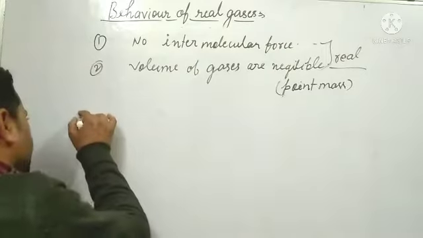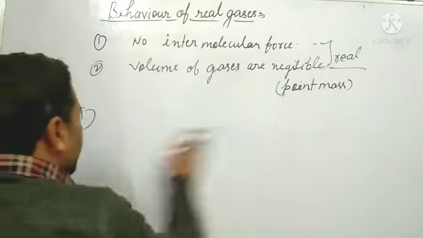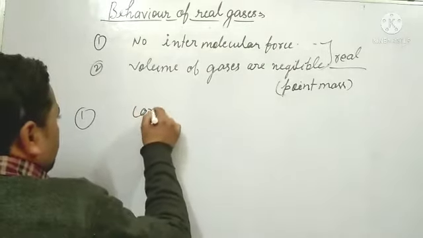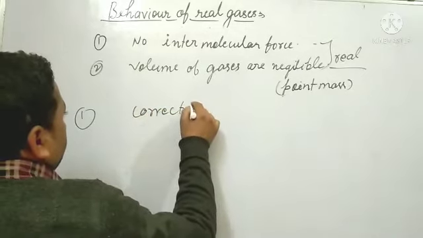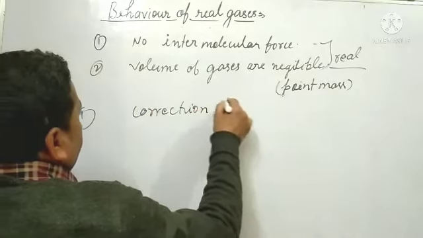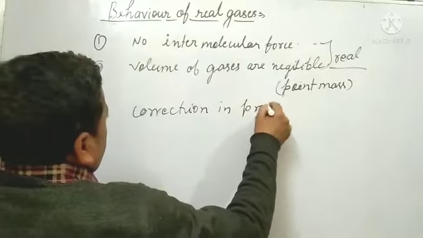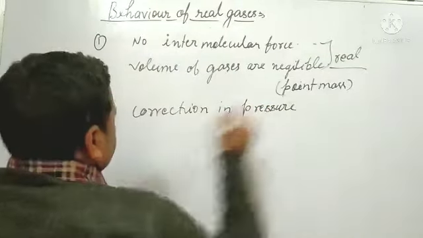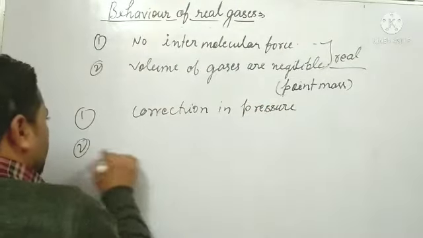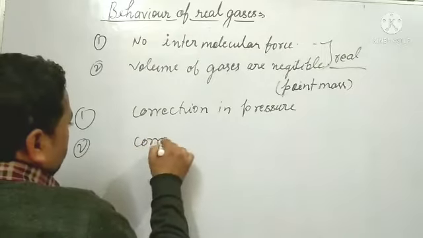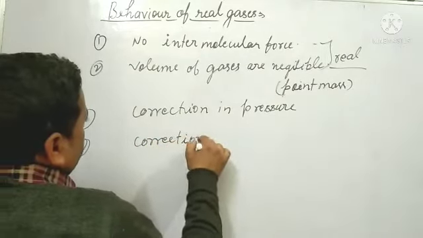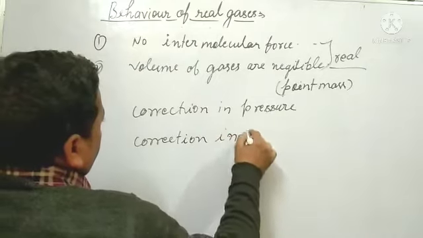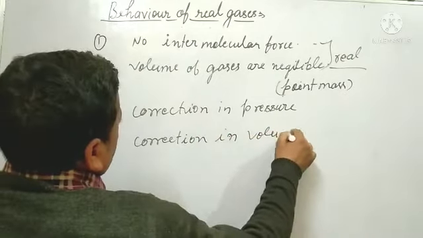What are they? The first correction is in pressure, and the second correction is in volume.